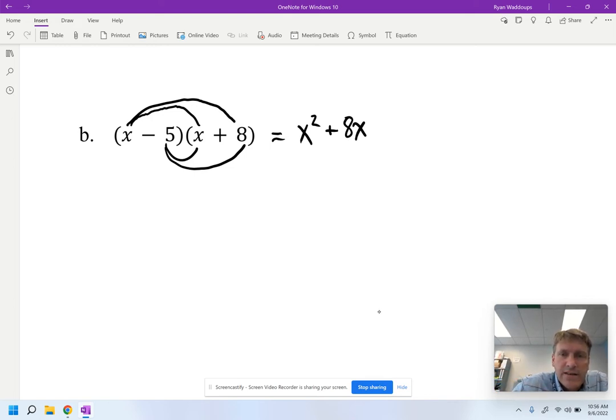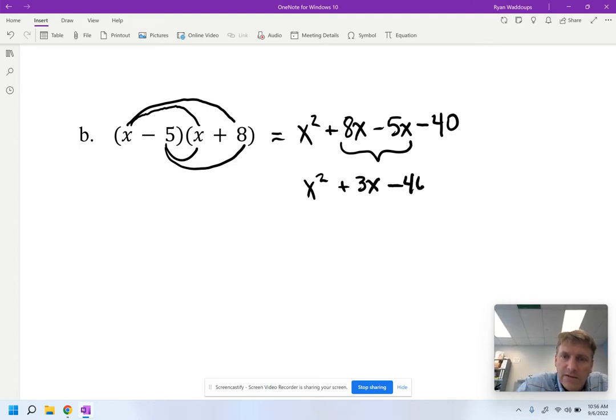And minus 5 times x is minus 5x. And minus 5 times 8 is negative 40. And these two right here are like terms, and they can be combined. So I've got x squared plus 3x and minus 40.